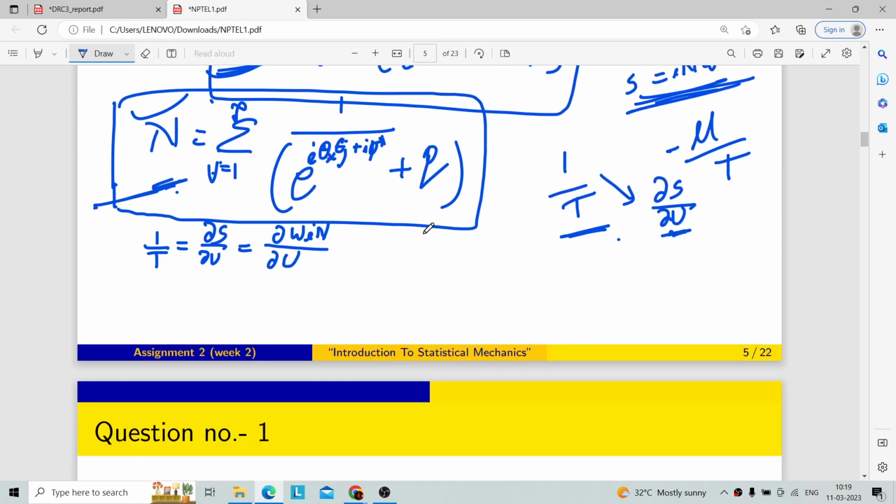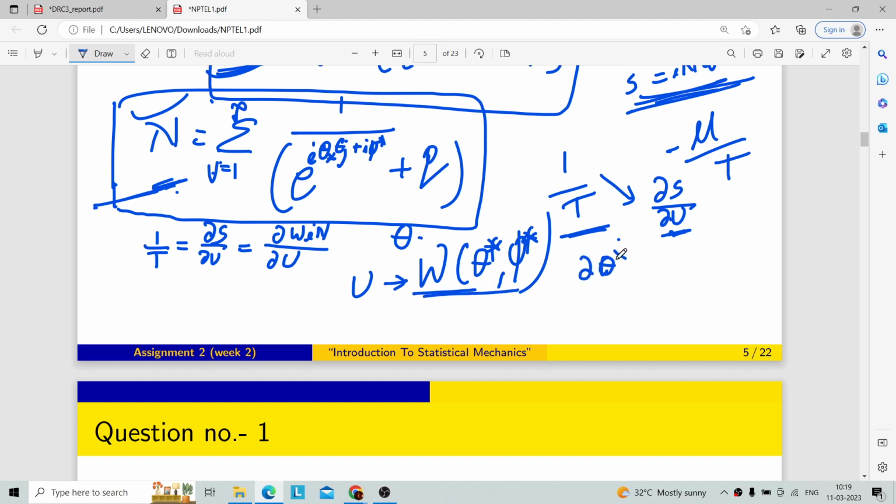Now you see this w is a variable which depends on theta star and phi star. So we are doing the derivative with respect to u of this variable. So we will get terms relating to theta star, del theta star over del u, and del phi star over del u.